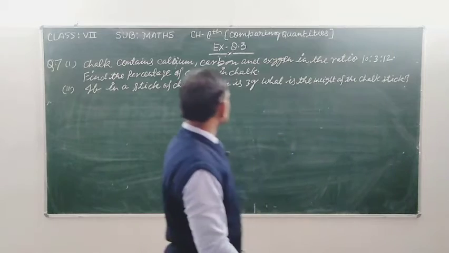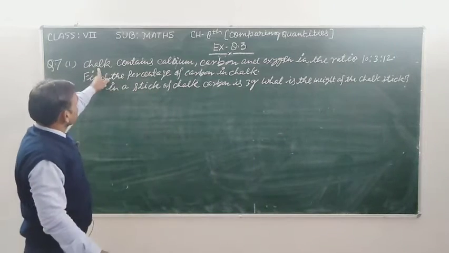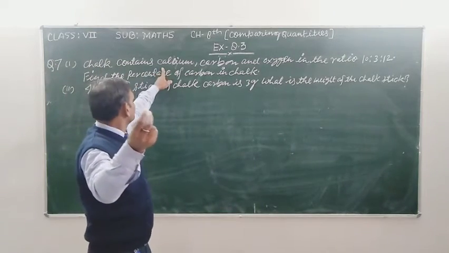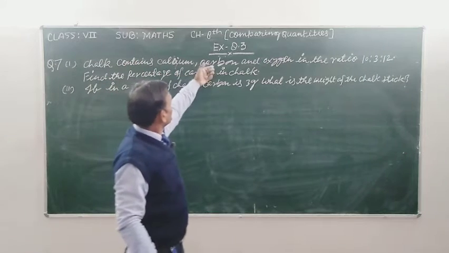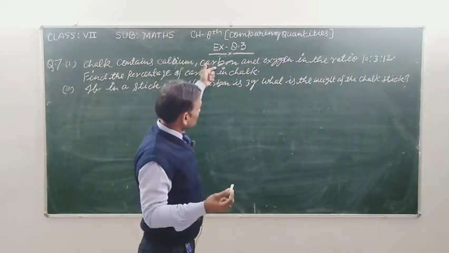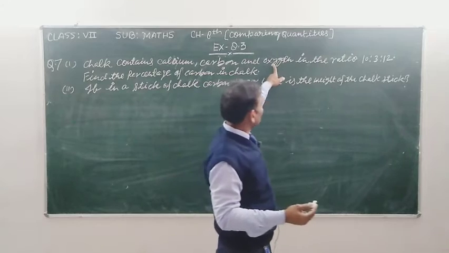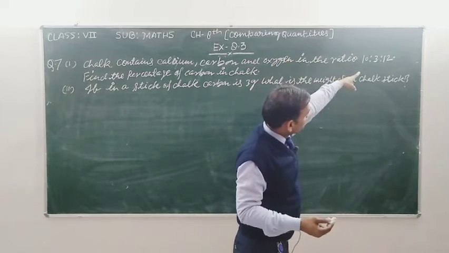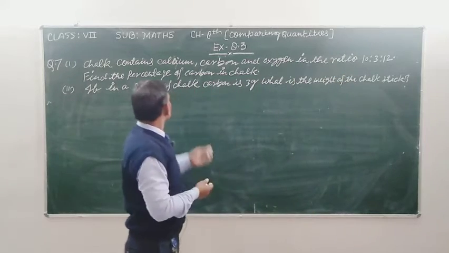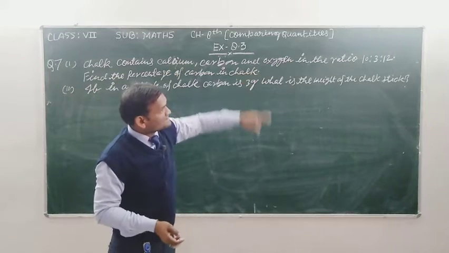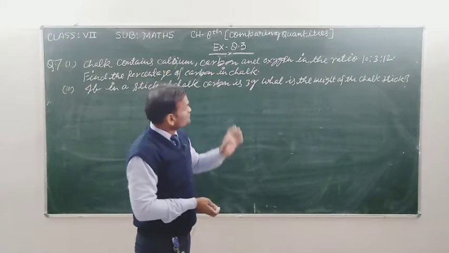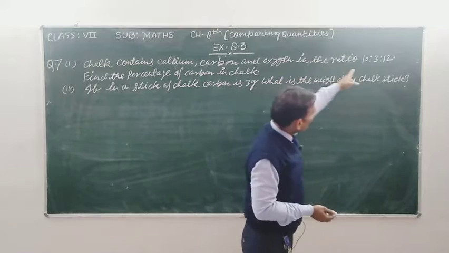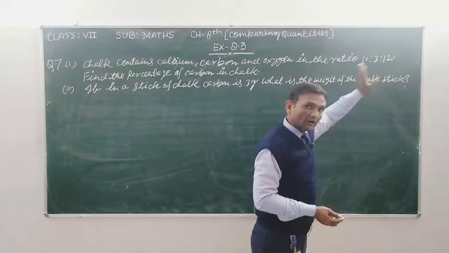So firstly, try to understand the meaning of the question. Chalk contains, this is chalk. Chalk contains calcium, carbon and oxygen in the ratio 10 is to 3 is to 12. How is chalk made? From a combination of calcium, carbon and oxygen, and the ratio of these is 10 is to 3 is to 12.